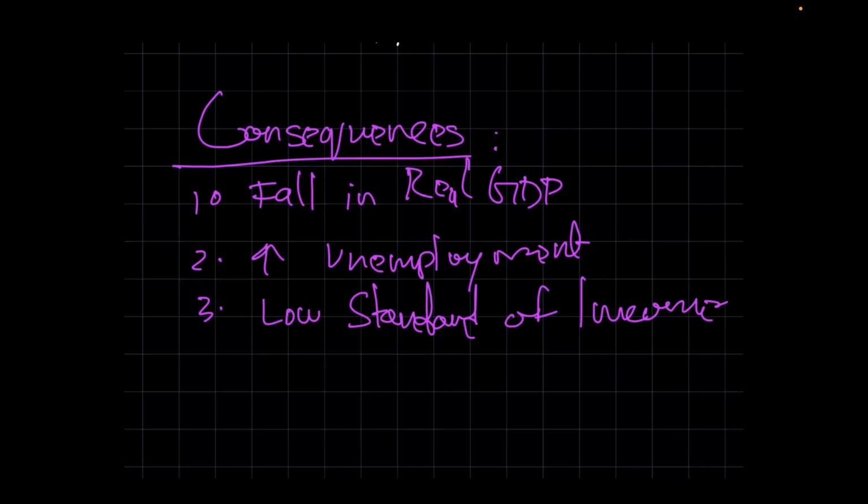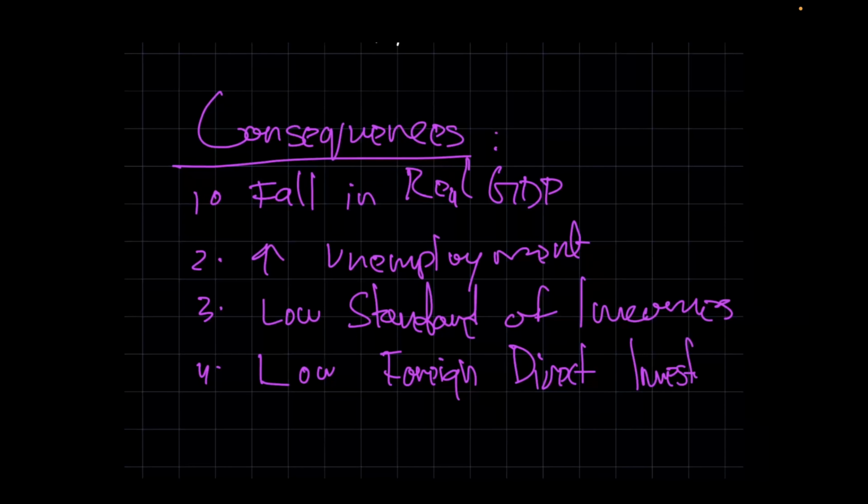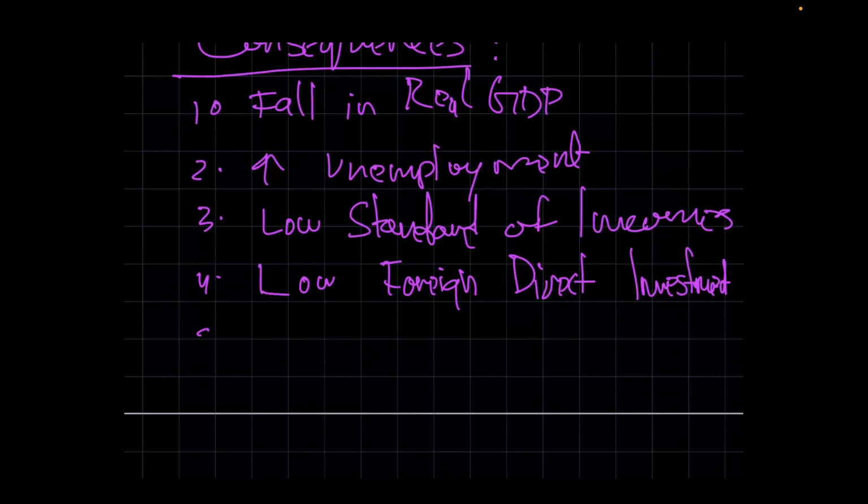Then you can also argue that there is low foreign direct investment. This is because your economy has slowed down, has stagnated, and is even decreasing in terms of real output. So your foreign direct investors lose their confidence and want to move their money elsewhere to more profitable areas. So you lose that money.